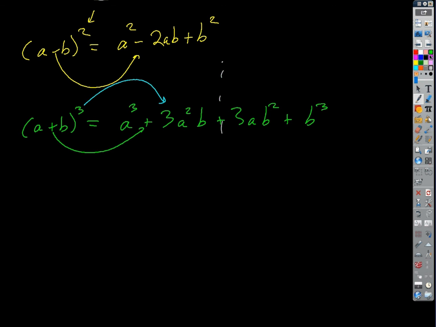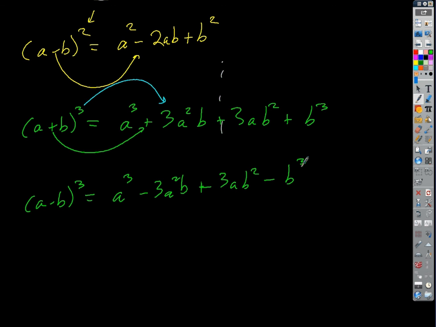Okay, so then what is a minus b cubed going to be? I'm going to get my a cubed minus 3a squared b. Now it alternates, right? So I'm going to go plus 3ab squared, but then it alternates back to a minus.